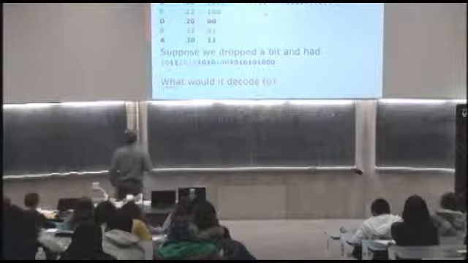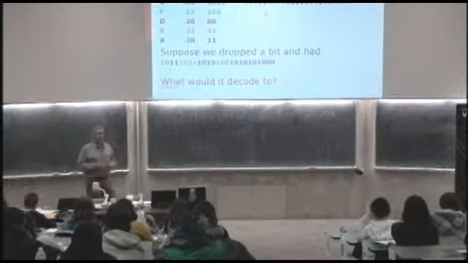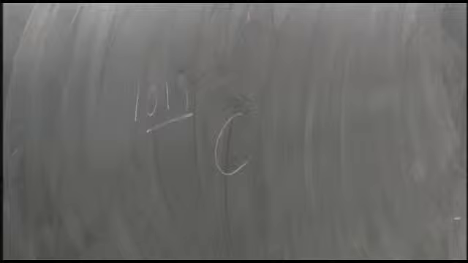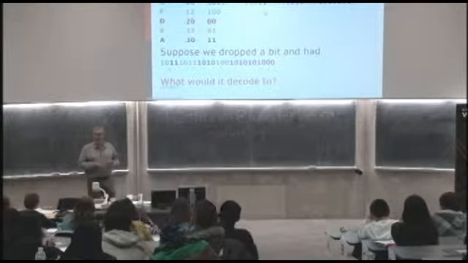Rather than an F followed by an A, I got a valid thing for a C. Could happen. You could get the wrong information, and it's perfectly valid.